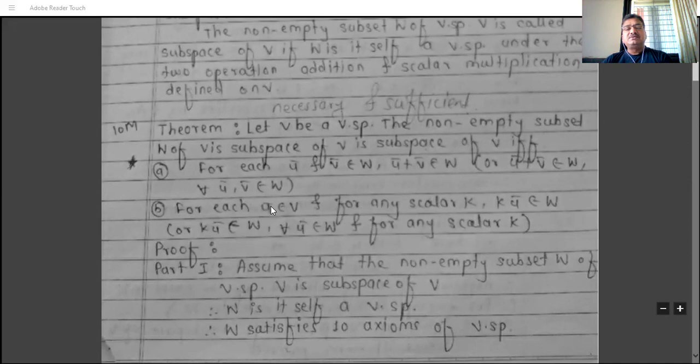That is, W is closed for scalar multiplication. So W is closed for addition and W is closed for scalar multiplication. If these two properties are satisfied by the elements of W, then W is a subspace of V.